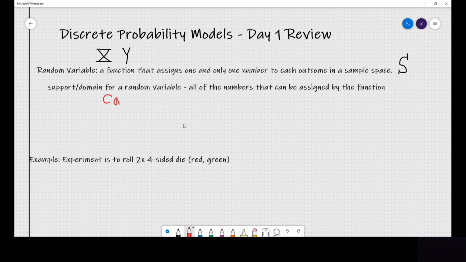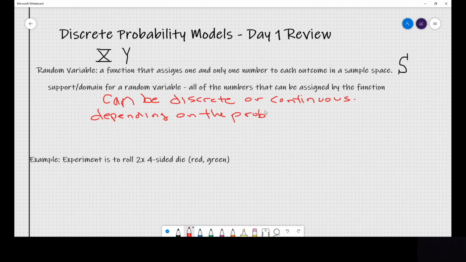So again, I'm not perfect at this yet. These can be discrete or continuous, depending on the problem.